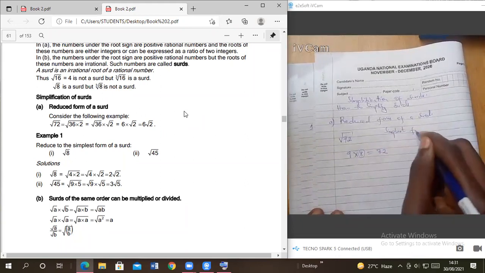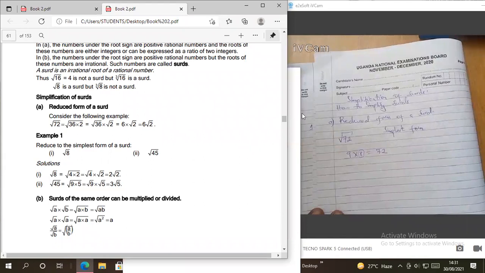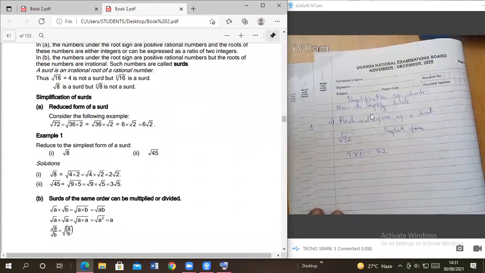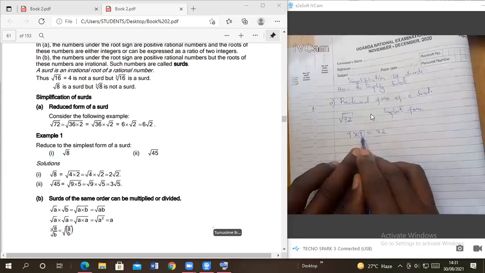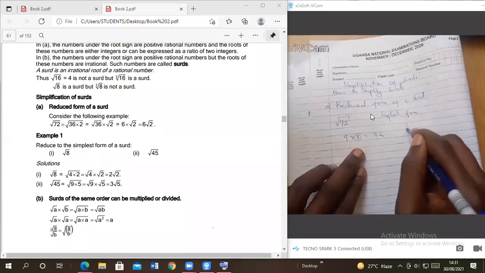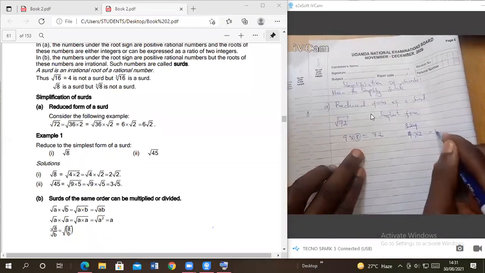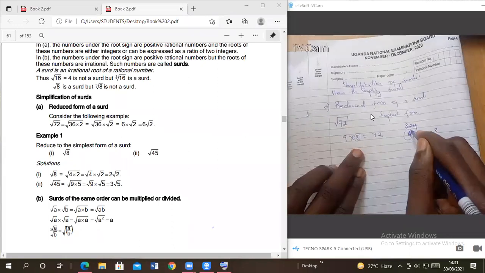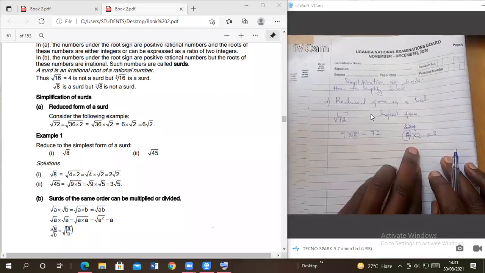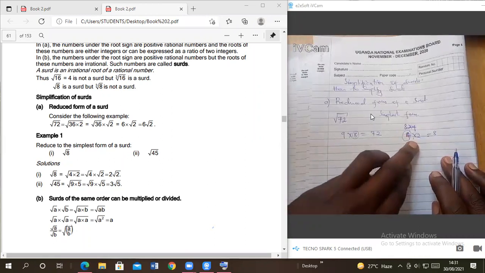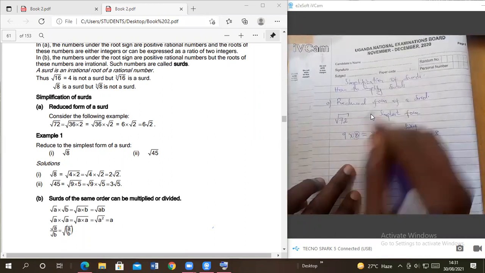So we have to think of a number where one factor is irrational and the other has a square root.